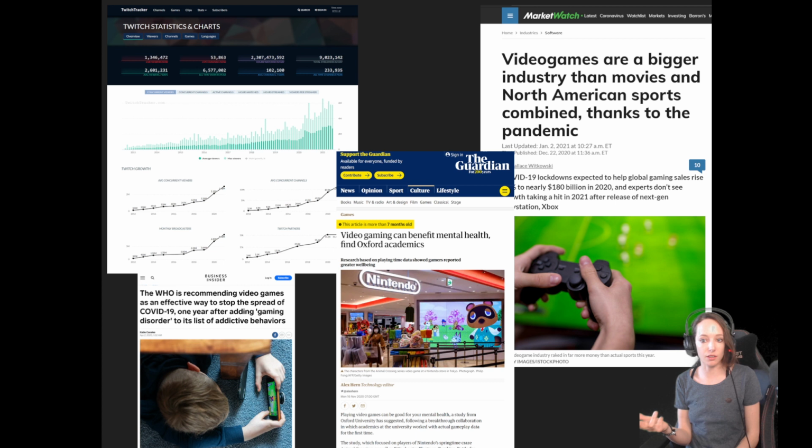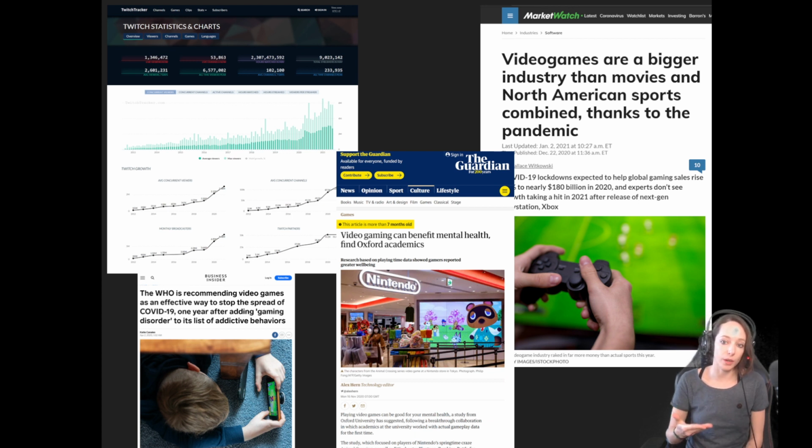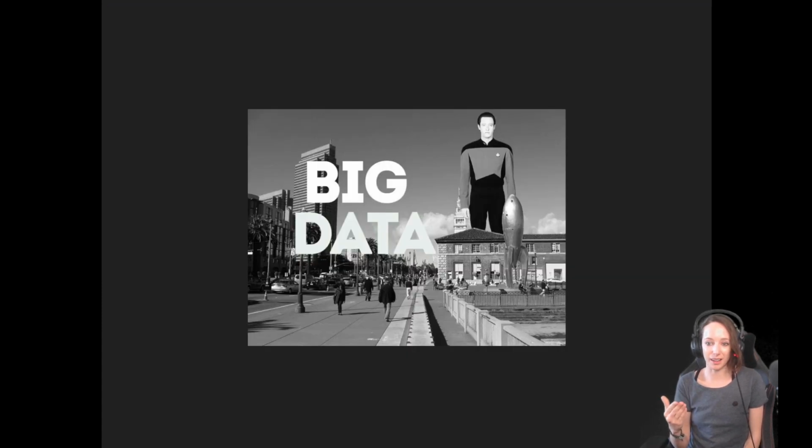For instance, there was a lovely paper from Oxford showing actually positive benefits for our mental health when playing a video game such as Animal Crossing. We can see quite a rise in game-related platforms such as Twitch, and yeah, it's a really exciting field to be in.